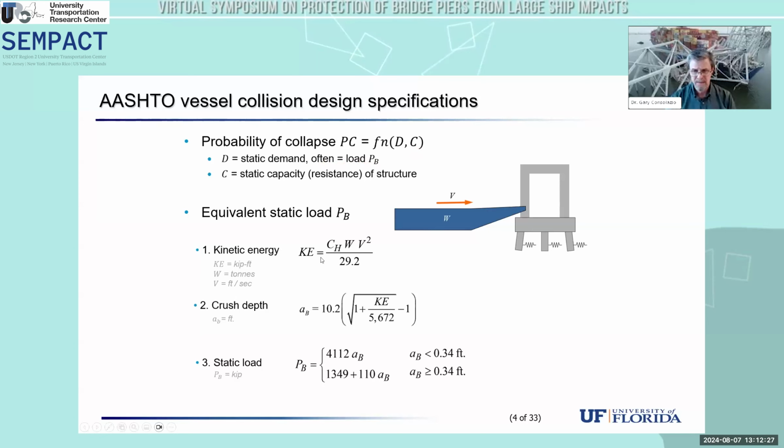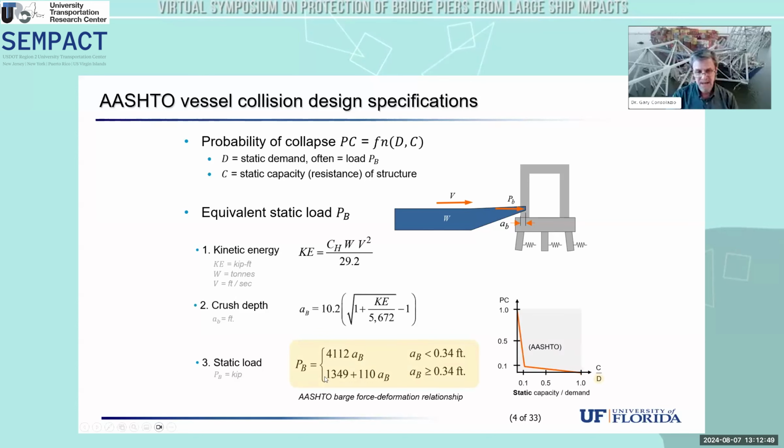We take the mass and the velocity, calculate kinetic energy. That kinetic energy is correlated to a vessel crush depth, and then that crush depth is correlated to an equivalent static impact force for application to our bridge model, for example, if we're doing a structural analysis. All right, and so in this case, the equivalent static force is the denominator of the C over D. That's the force applied to the structure or the demand on the structure, at least characterized as an equivalent force.